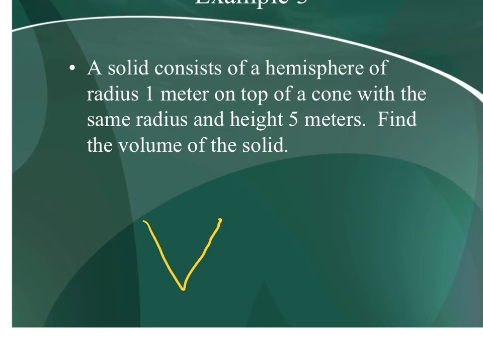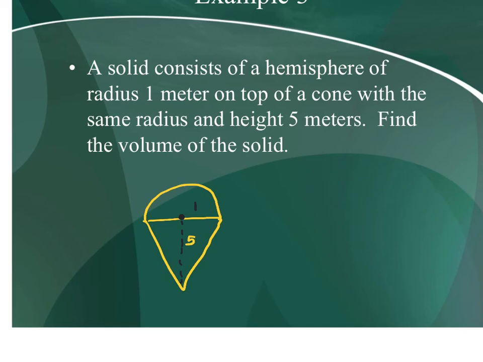And then on top of it, I've got a hemisphere. And it said that it had a radius of 1, and the height of the cone, it said it was 5.